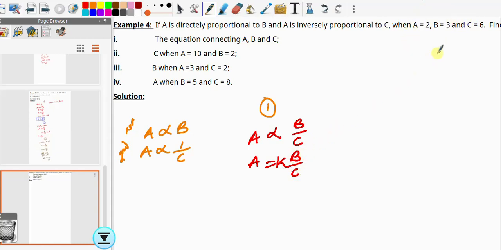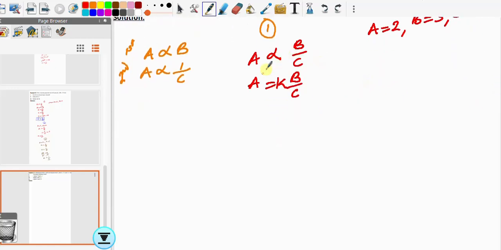But you come here, you see that when A equal to 2, B equal 3 and C equal 6, right? Now we substitute this value into this equation. This is our very equation.